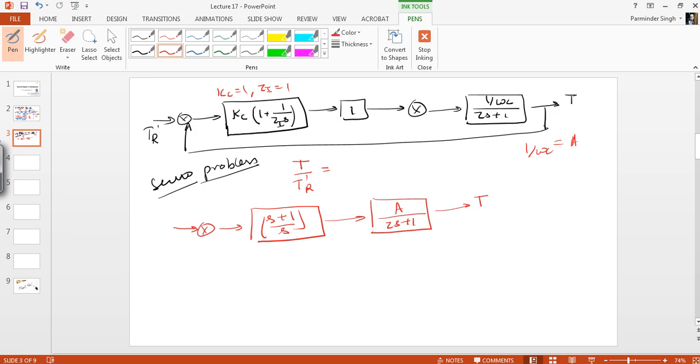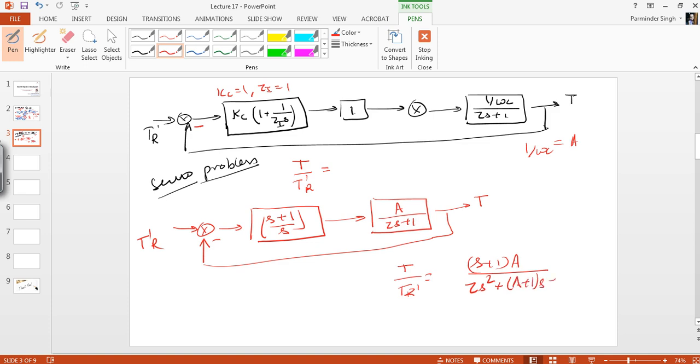We have a negative feedback, again the same case, and T, so we have T R dash. So T by T R dash will come out to be s plus 1 into A upon tau s squared plus A plus 1 s plus A. I have solved it and this is my transfer function.